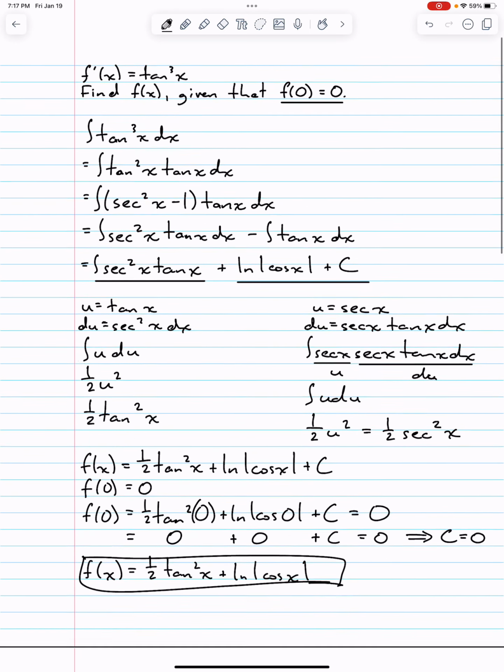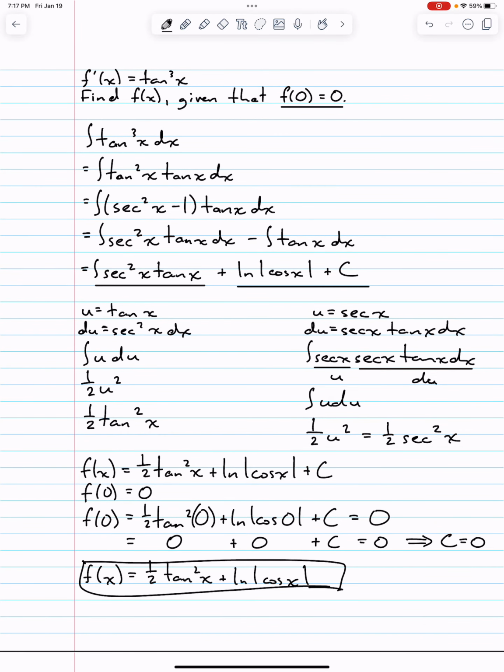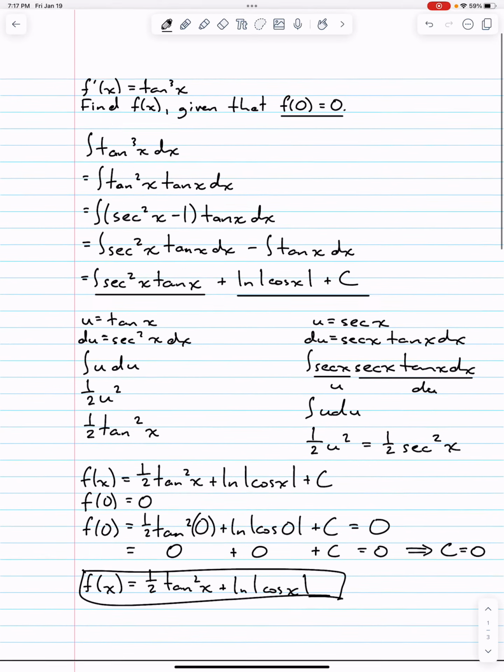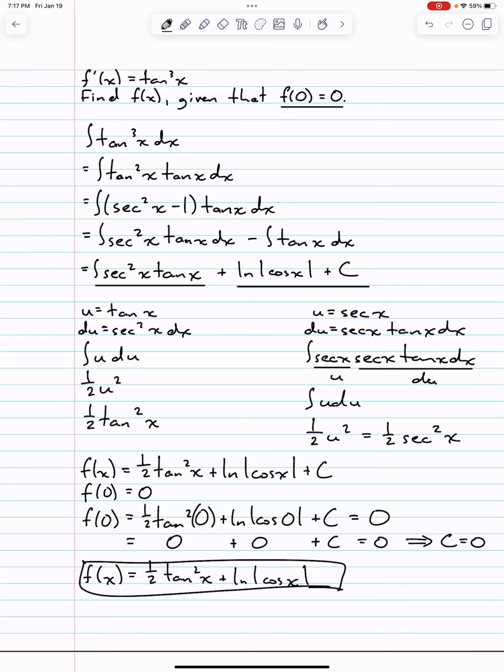That gives us the same two integrals we had in class: the integral of secant squared x tangent x dx minus the integral of tangent x dx. From substitution, we can rewrite tangent of x as sine of x over cosine of x, and that gives us the natural log of the absolute value of cosine of x plus c.